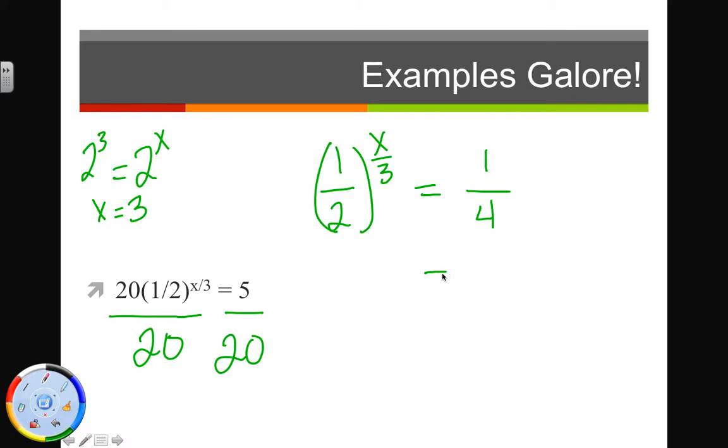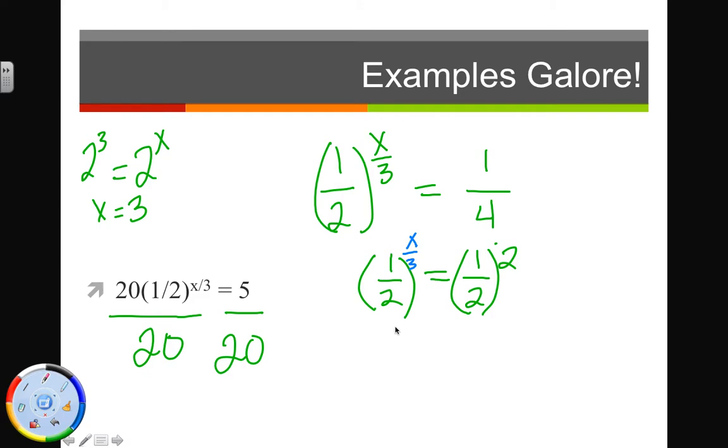And I know in my head that 1 over 4 is the same thing as 1/2 squared. So I'm going to rewrite that as 1/2 squared. And I already had this side as base 1/2. Oops, that's supposed to be x over 3. All right, so this tells me now I can use that property as before.